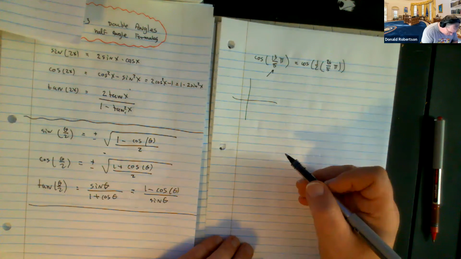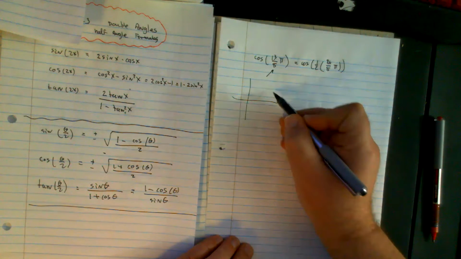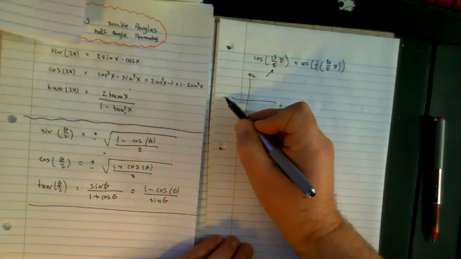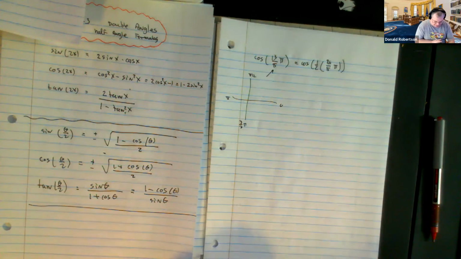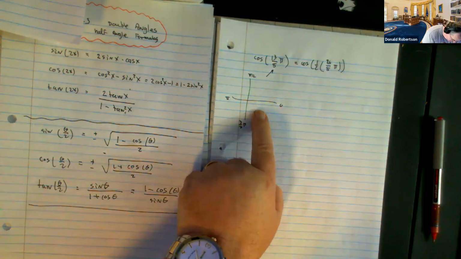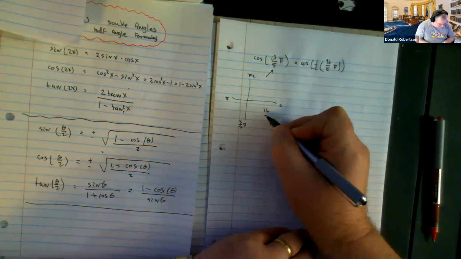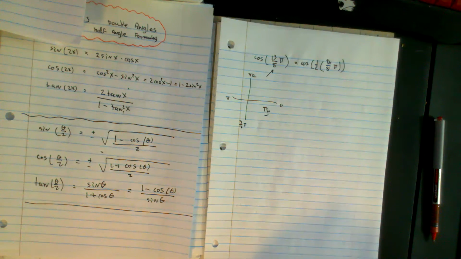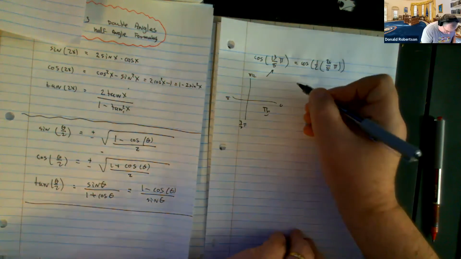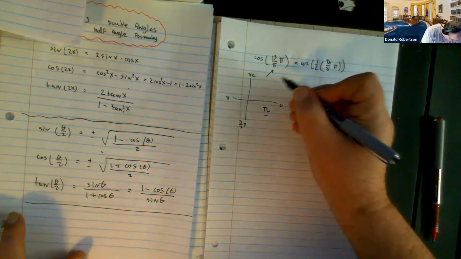Okay, 0, pi upon 2, pi. Quadrant 4. Right. It's what, 1 and 5/8, which takes it into here. Since it's in the fourth quadrant, what's my answer going to be? Plus or minus? Positive. All right, all sine tan cos. So I know it's positive.